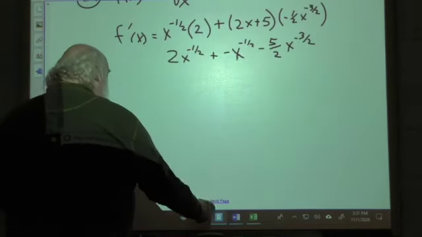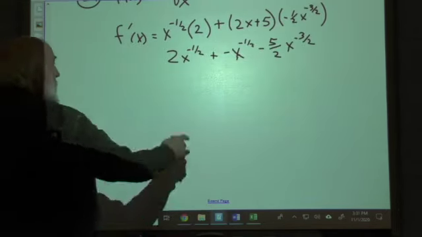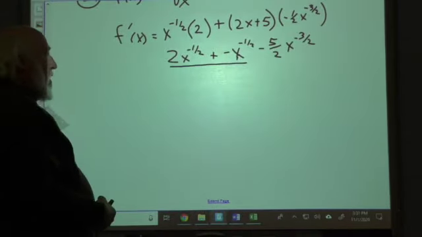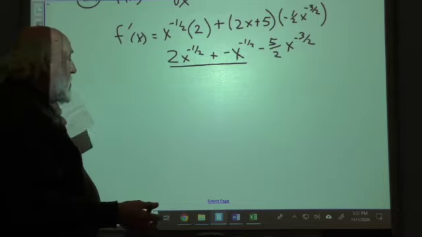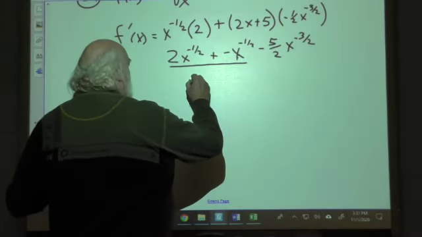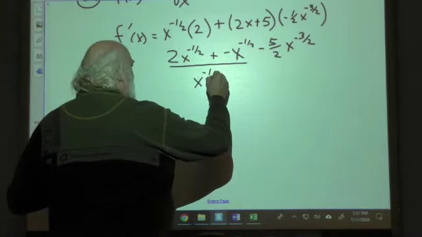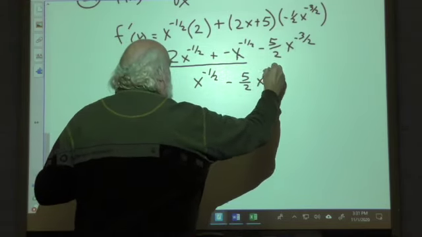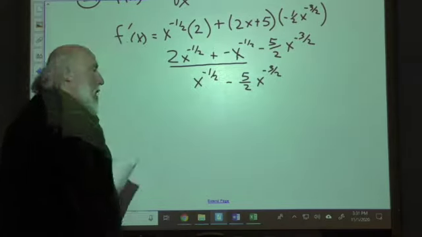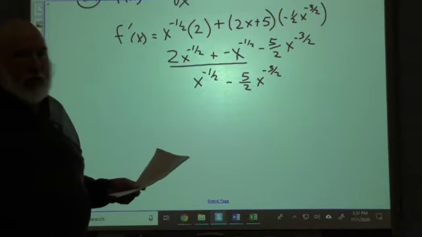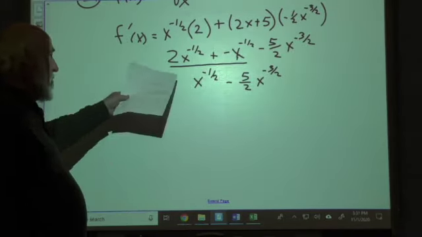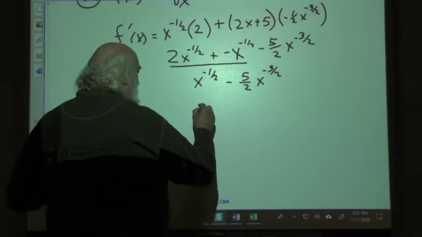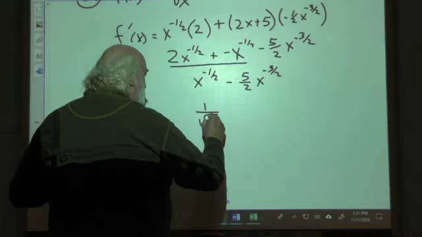Now, what we're going to do at this point is combine these two together. So we have 2x to the negative 1/2 plus negative 1x to the negative 1/2 power. So that becomes just plain x to the negative 1/2 power minus 5/2 x to the negative 3/2 power. Now we've got these negative exponents that we need to get rid of. Well, we already know this is established: 1 over x square root of x.